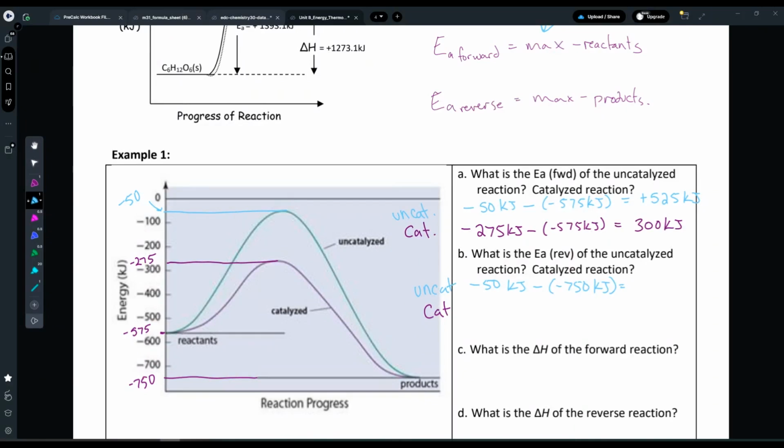So negative 50 plus 750 gives us 700 kilojoules. For the catalyzed reaction, our max was negative 275, and our products were negative 750. So negative 275 plus 750 gives us positive 475.